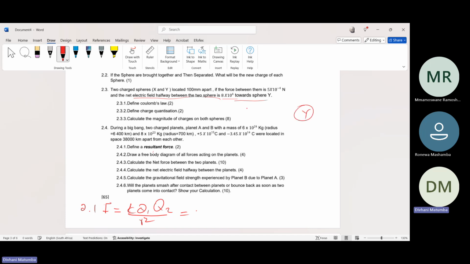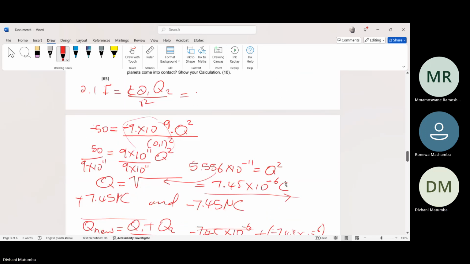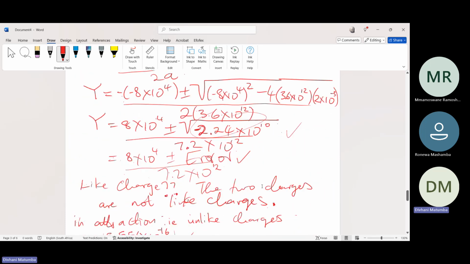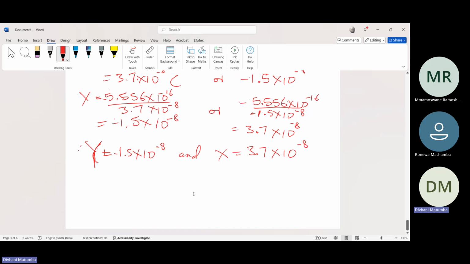So if this is y and this is x, y should be negative because the electric field lines move from positive to negative. And we have calculated and found out that we have two unlike charges, which are minus 1.5 and 3.7. So these are the values that we got.